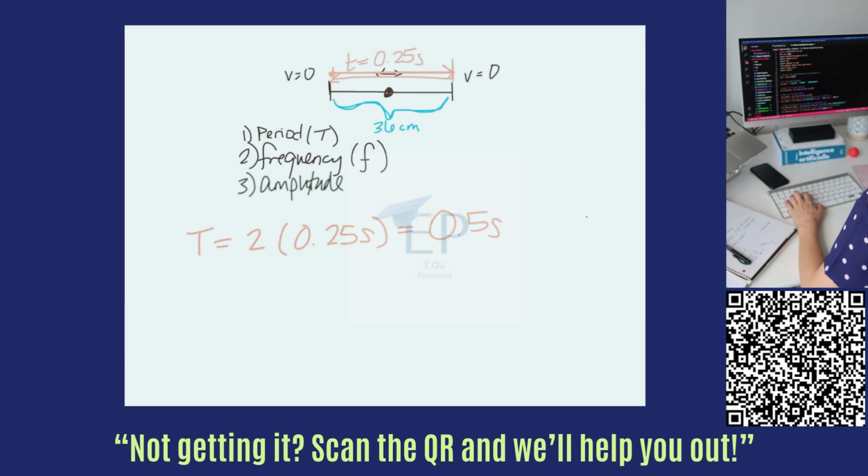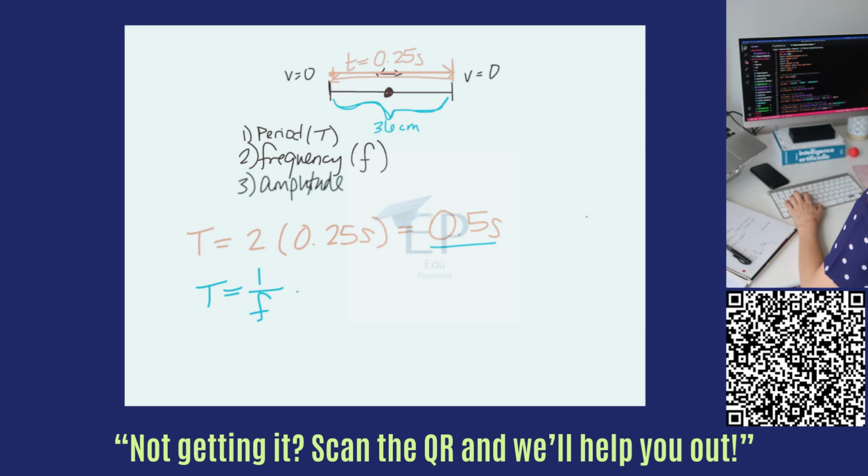For our frequency, we need to use an equation. And in this case, the equation is T equals 1 over f. So period equals 1 cycle per frequency, or per hertz. Since we're going to be solving for frequency, we have our period right here. We just found our period.